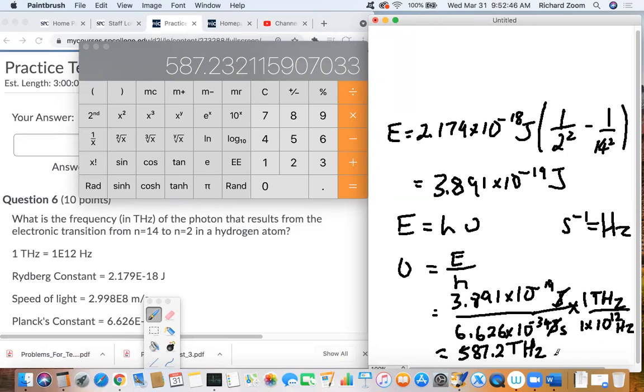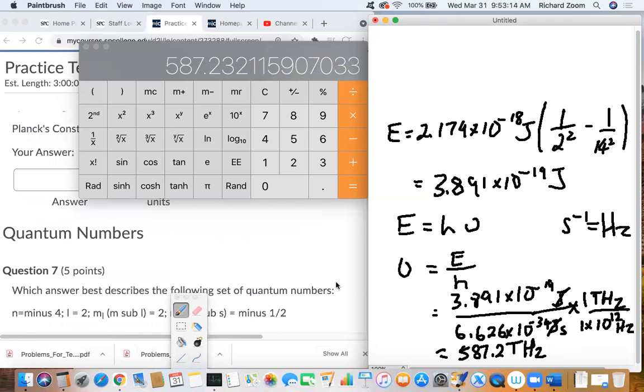Clearly, I go, hang on, why is this canceling? But that was the reason. Because hertz is per second, or seconds to the -1, and Planck's constant is joules seconds, not joules per second. It's interesting. Does anybody have any other questions about number 6?